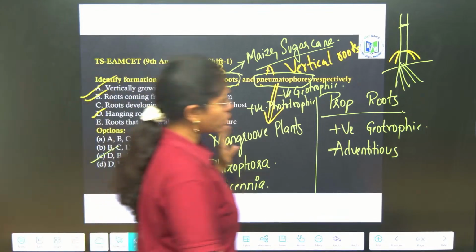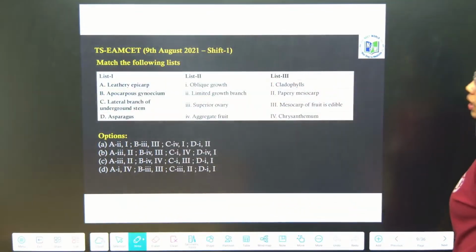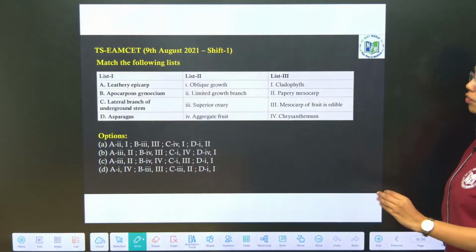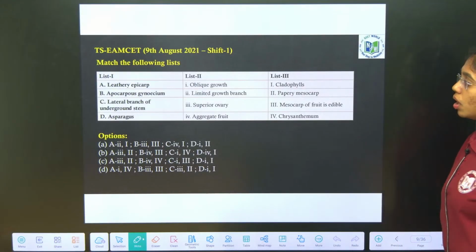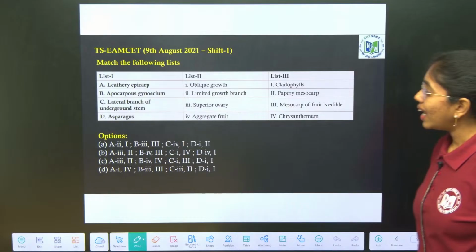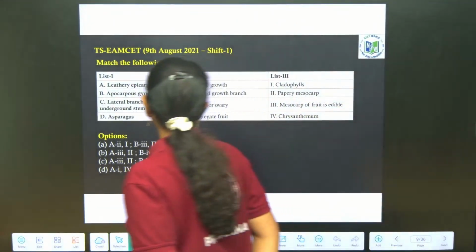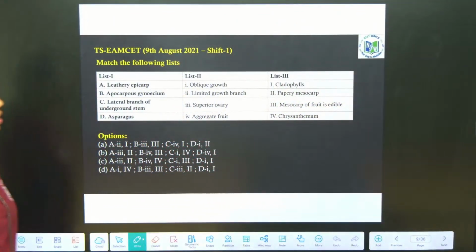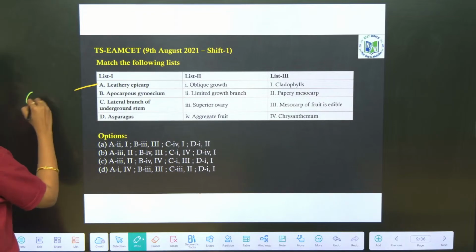Okay. Next question. Here we go, again match the following with multiple columns. Here you see leathery epicarp. You will see leathery epicarp and superior ovary in the citrus fruits.